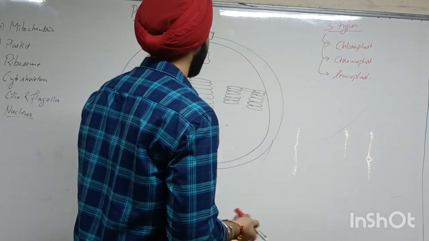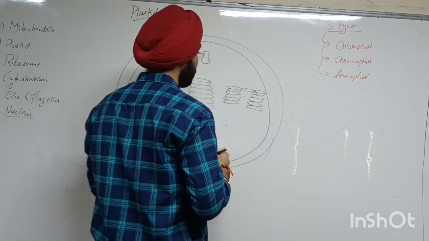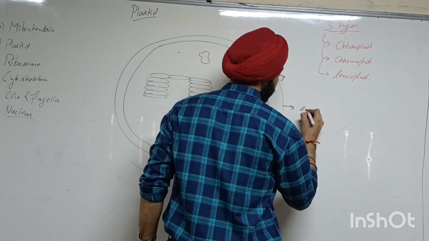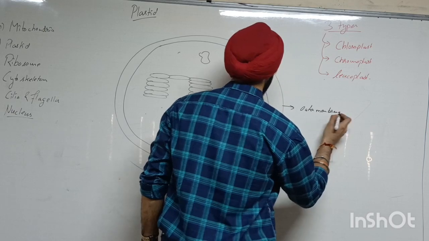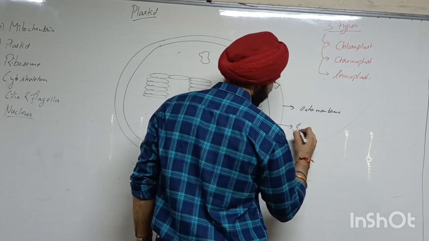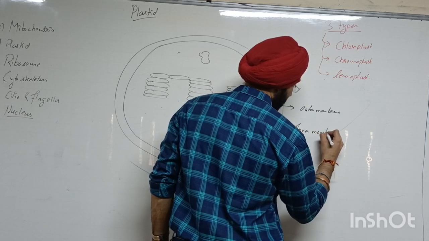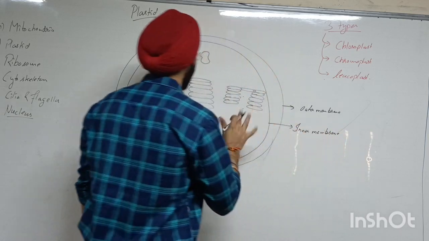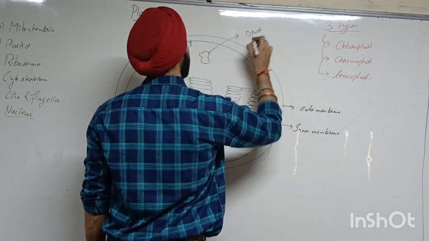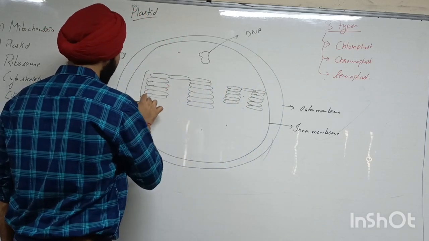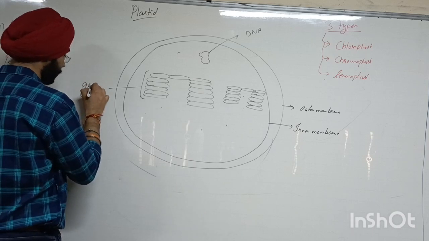So first we need to just label the diagram which I have drawn. So this is outer membrane. This is inner membrane. And this is again the DNA. This whole pile of coin-like structure is called granum.